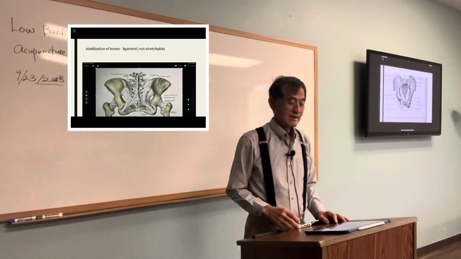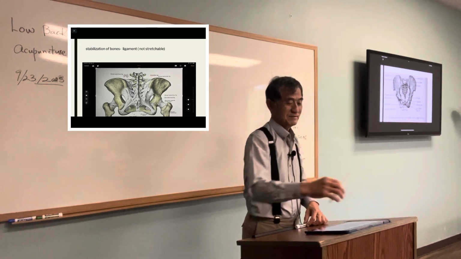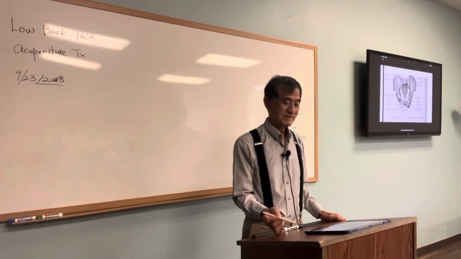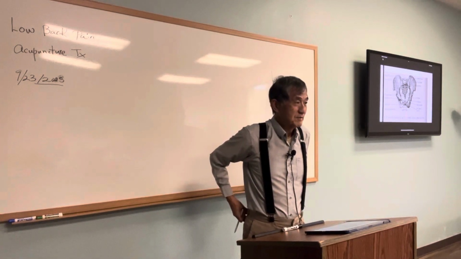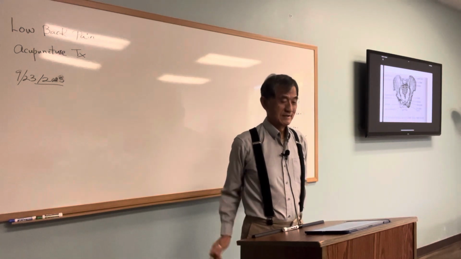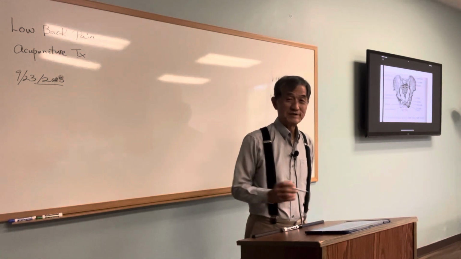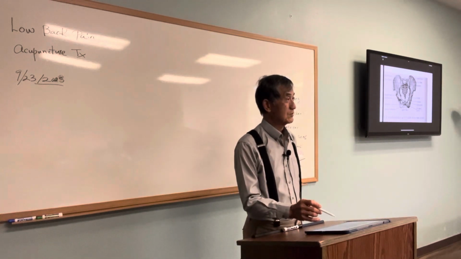So, in case you forget the physiology, you have the ilium, and you have the sacrum, and you have the ischium, the bone that you're sitting on. They have 2 small holes.